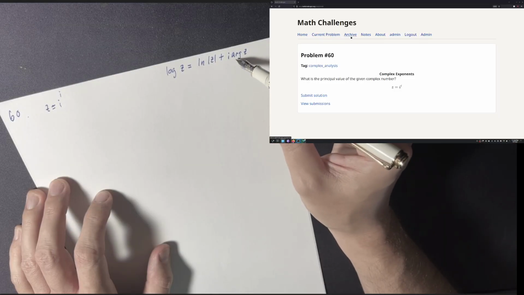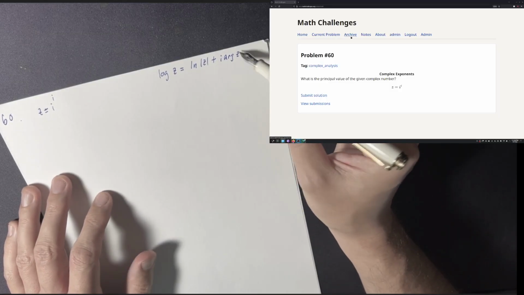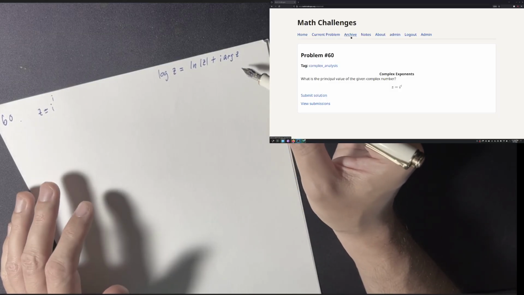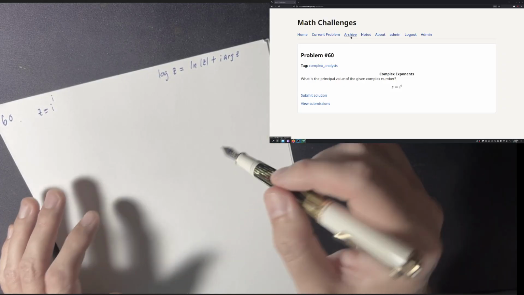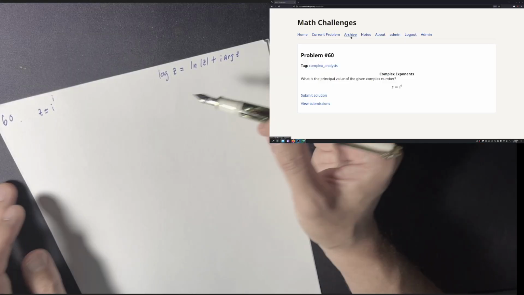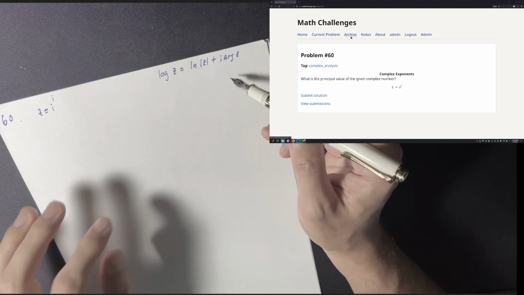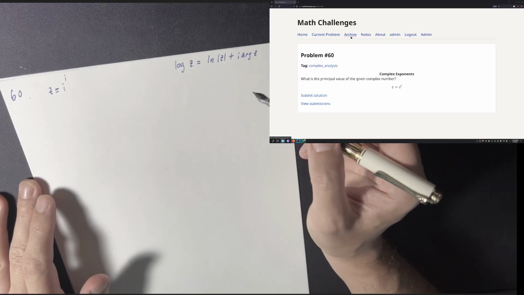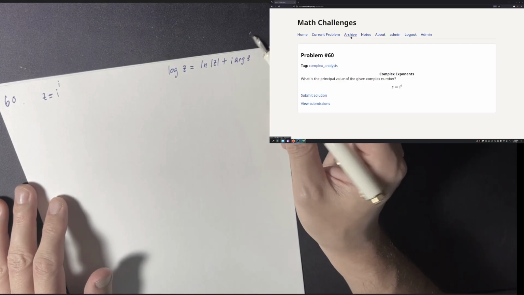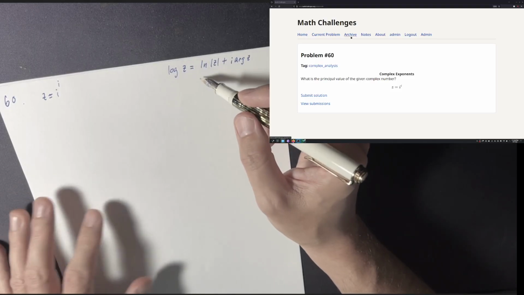And then the lowercase version of arg refers to the fact it's a multi-valued function. It refers to the fact that if you were to add 2 pi to your angle, you get the same complex number back. So you can always add a multiple of 2 pi to theta in your polar coordinates, and it'll give you the same value back, right?